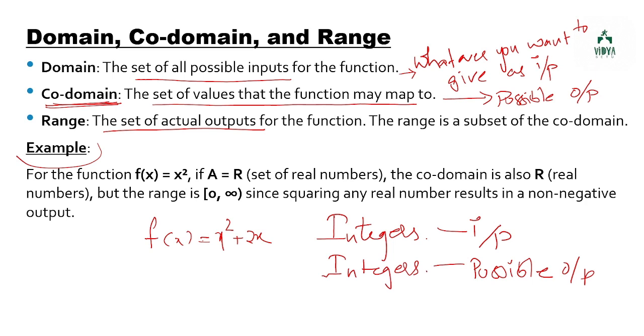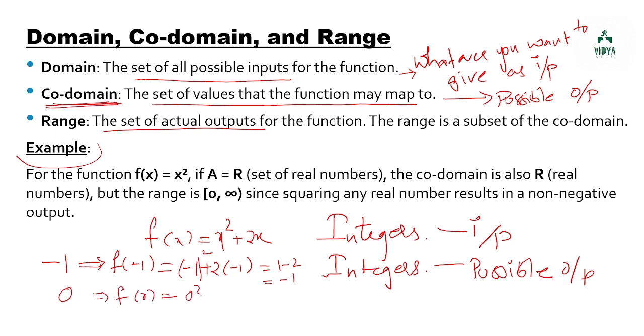But exactly what happens here in integers, let's take minus 1. If we put minus 1 here, it will be minus 1 whole square plus 2 of minus 1. This will be 1 minus 2 is equal to minus 1. If I take 0, f of 0 is equal to 0 square plus 2 of 0, which is equal to 0. f of 1 is equal to 1 square plus 2 of 1, which is equal to 3.